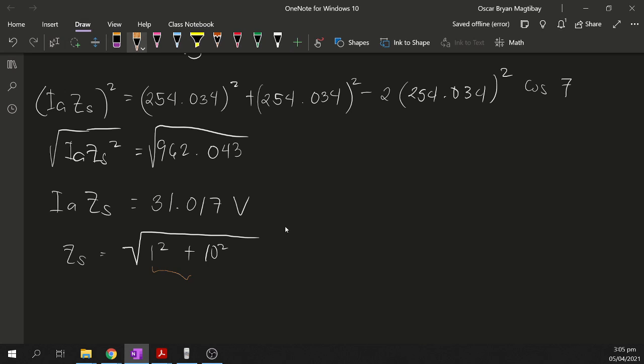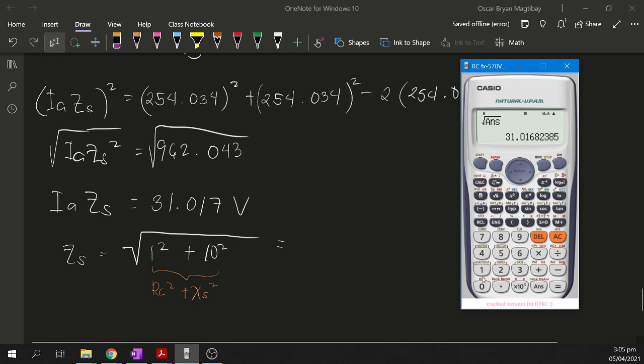Baka may magtanong, this is RA squared plus XS squared. RA is 1, squared plus 10 squared. So this is equal now to 1 plus 100, square root ng answer, 10.05.